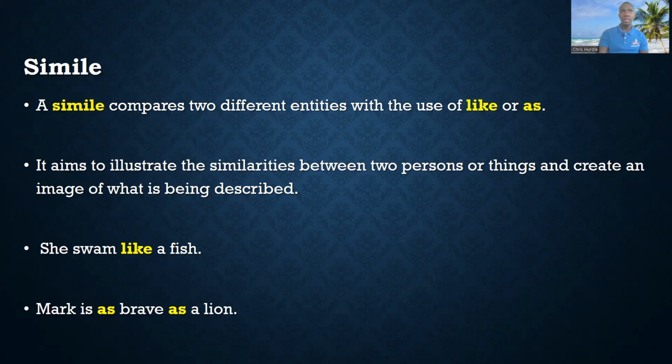By comparing her swimming ability to that of a fish, we're in essence saying that she can swim very well. So if we wanted to describe how she swims, or her swimming ability, we can just say she swam like a fish or she swims like a fish.